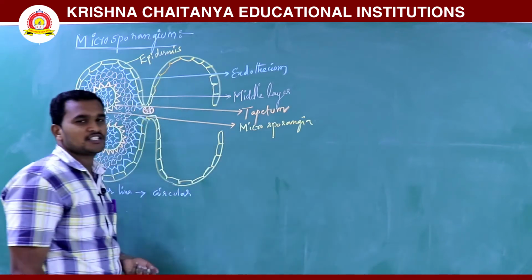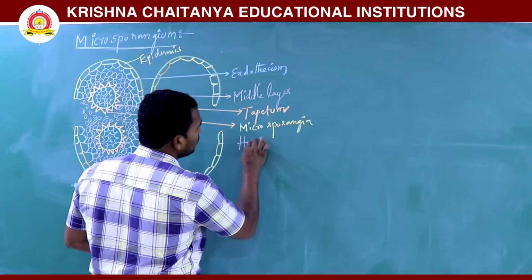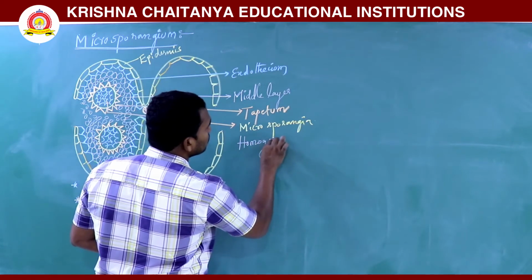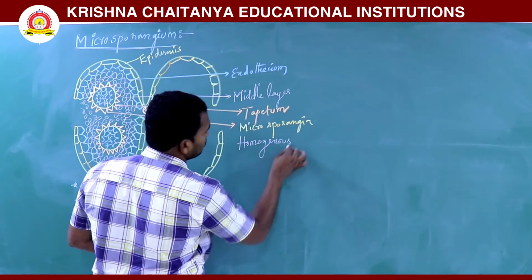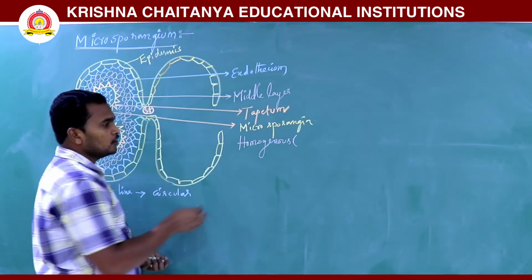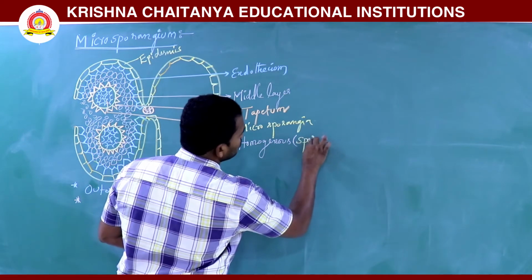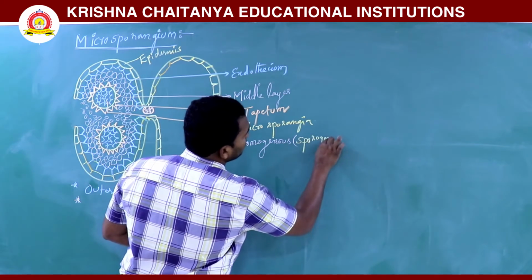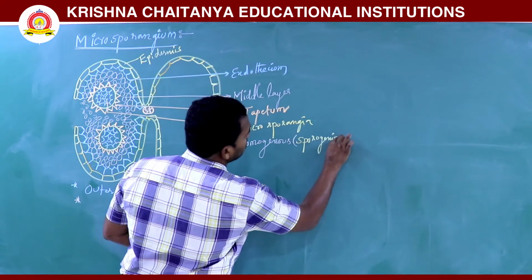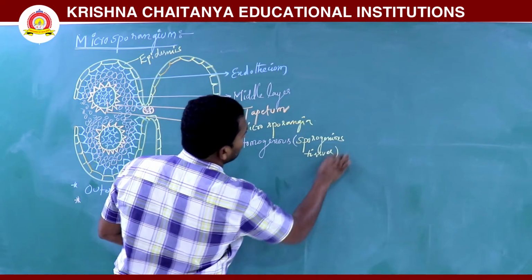Only homogeneous tissue. Homogeneous tissue is nothing but the sporogenous tissue.